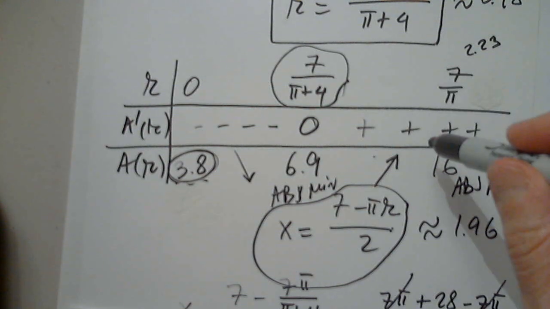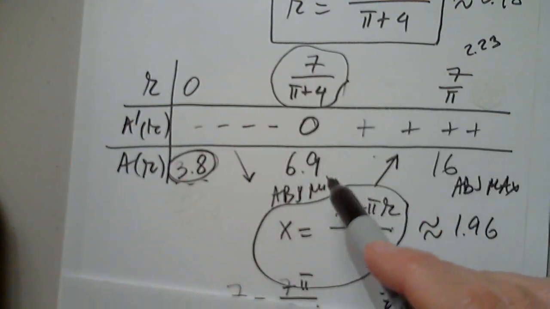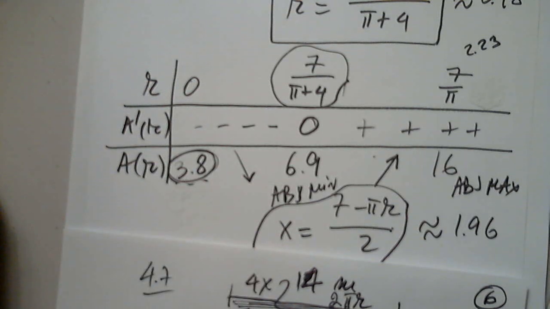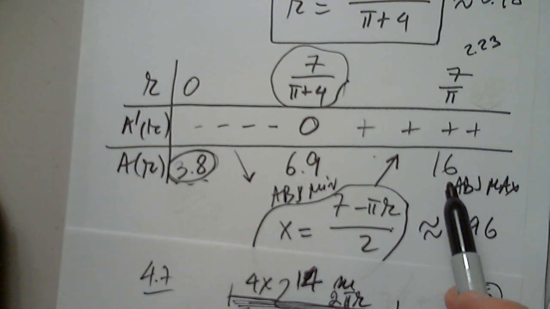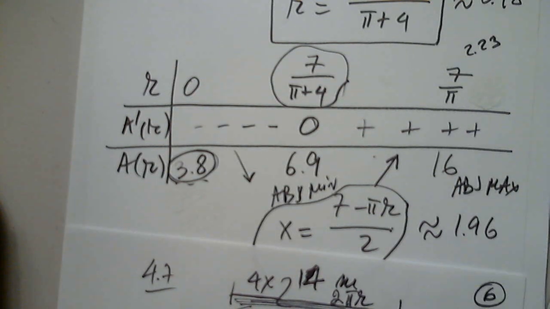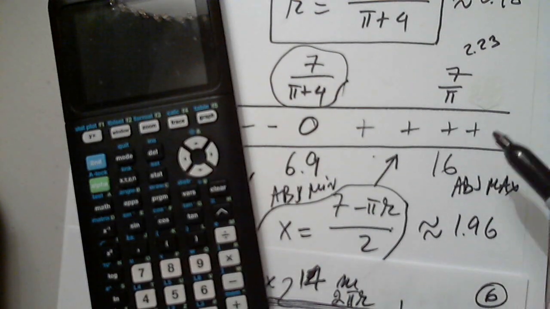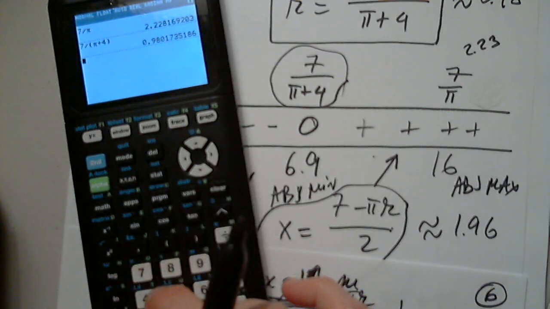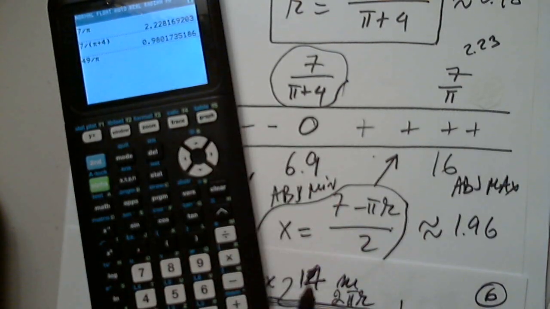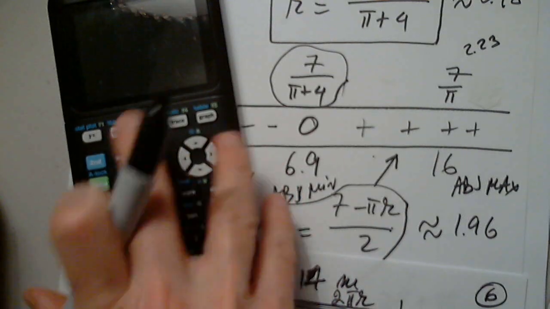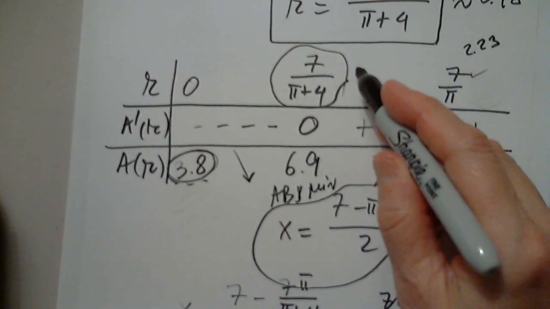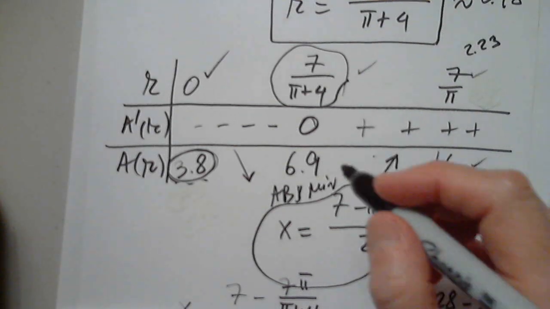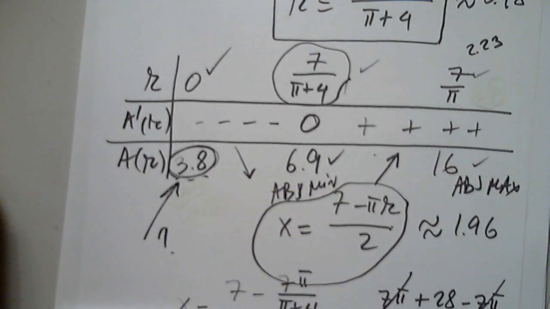The signs are correct. The 0 is correct. The 6.9 is correct. Now you just check that, when x is 0, pi r squared, it's 49. I calculated that again a minute ago. Yes, that's correct. This is correct, this is correct, this is correct. This gives me trouble.